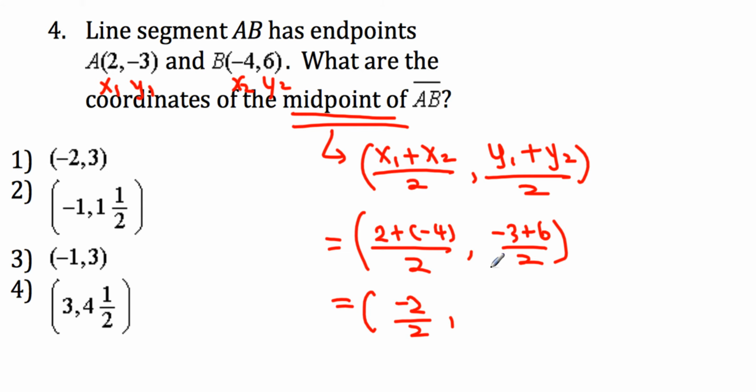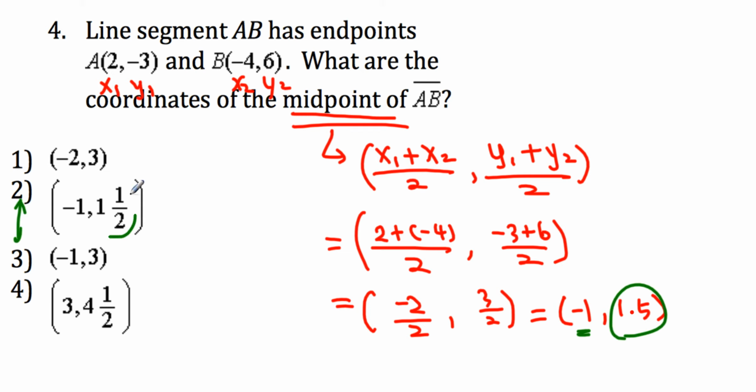And negative 3 plus 6 becomes 3 over 2. Then you can see that negative 2 over 2 becomes negative 1, and 3 over 2 becomes 1.5. Now, in this case, negative 1 and 1.5. So therefore, our answer is choice 2.